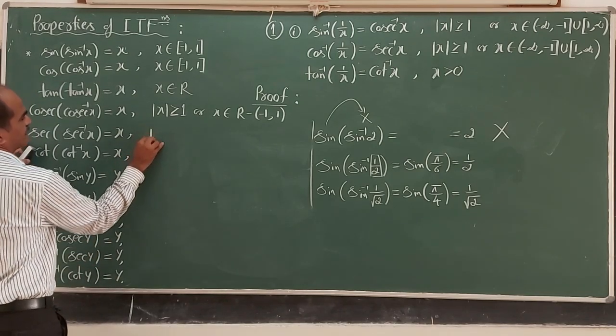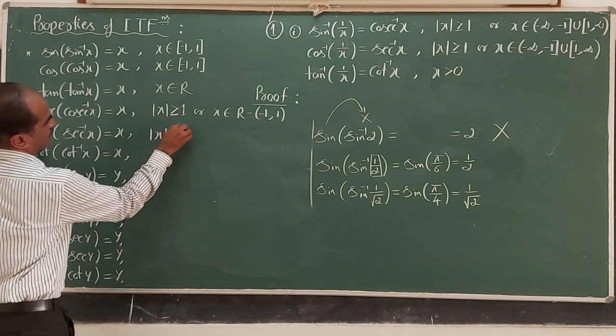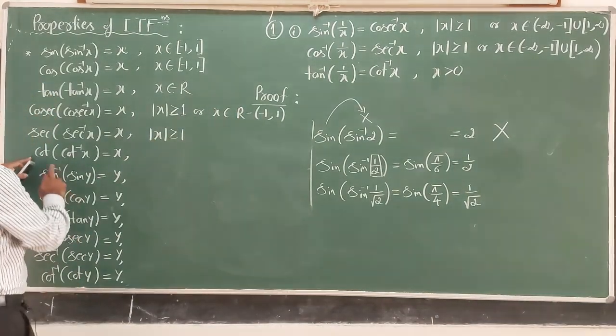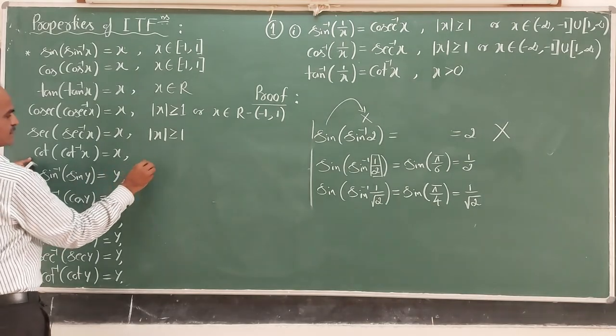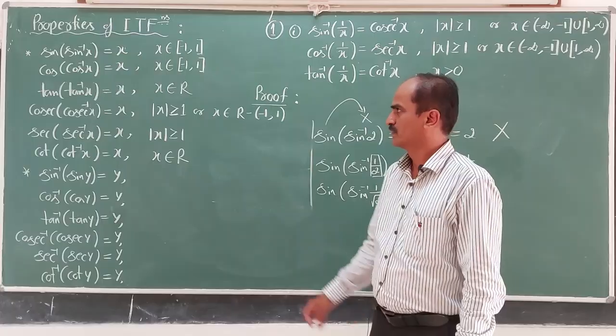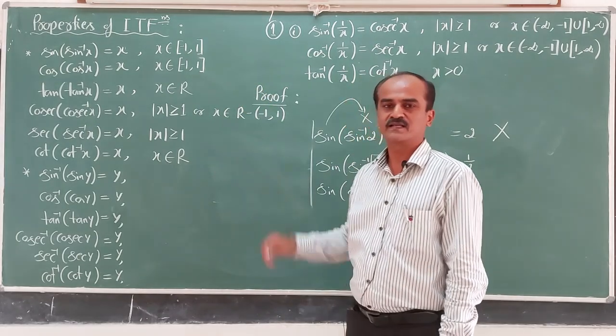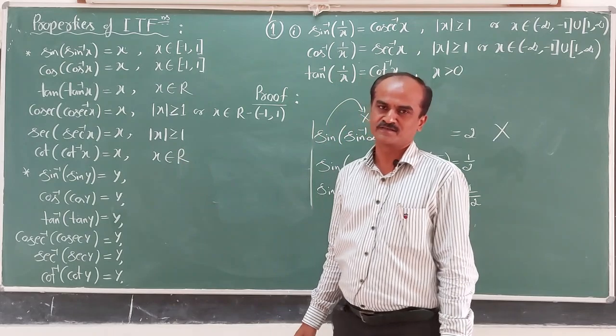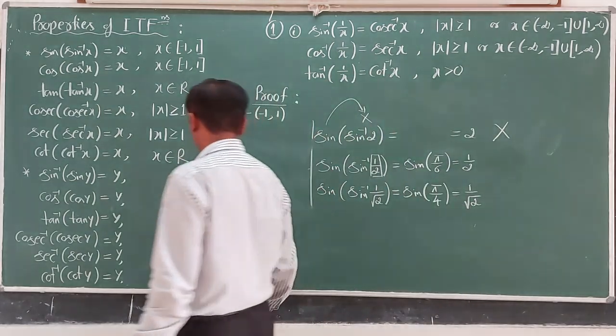Secant of secant inverse x, again modulus of x greater than or equal to 1. Cot of cot inverse x equal to x, whenever x is any real number. So this is one of the basic properties. Now let me consider sin inverse of sin y as an example.